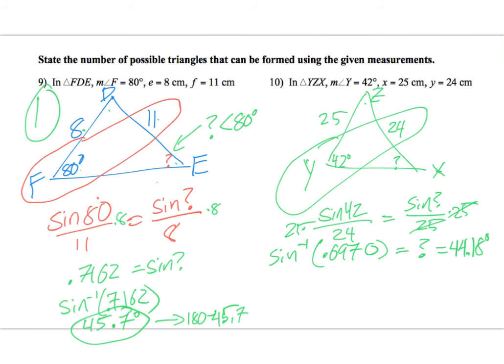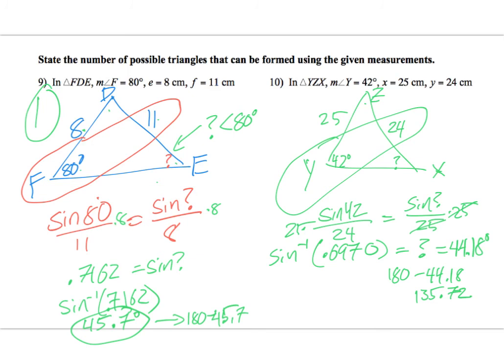Let's find out what that other possibility would be. The other possibility here would be 180 minus 44.18. And if we do that, 180 minus 44.18, that's going to be like 136, 135.72.